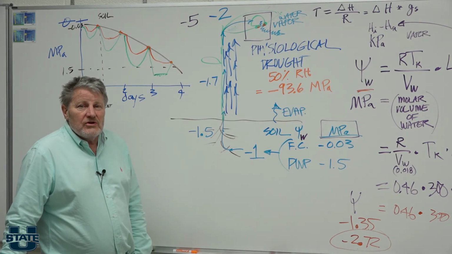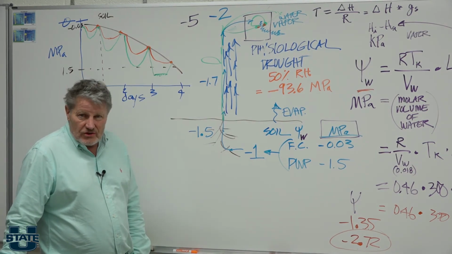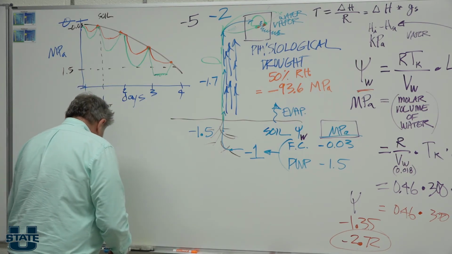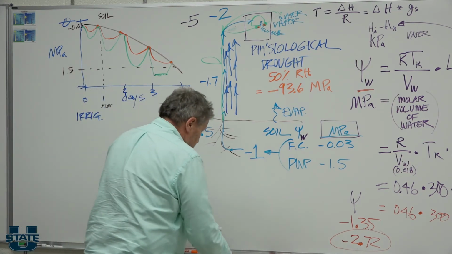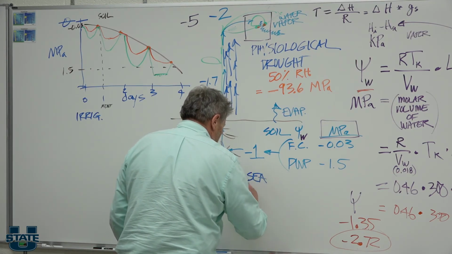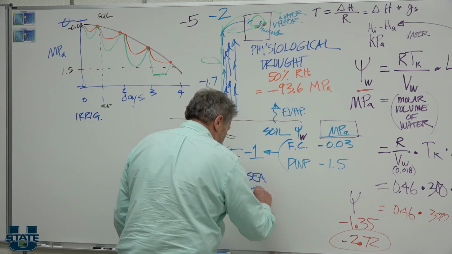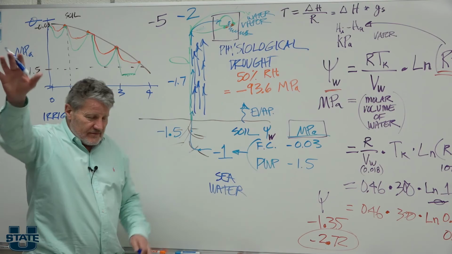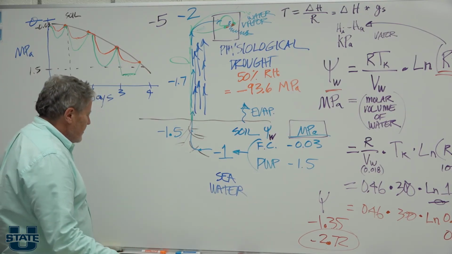What's the water potential of the ocean? And that is seawater, and this is pretty constant all over the planet. In the Arctic and the equator, really constant.